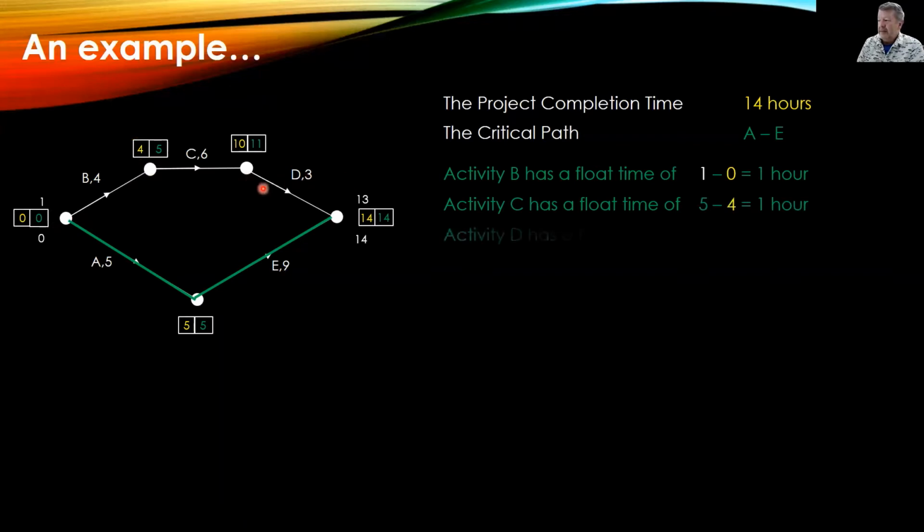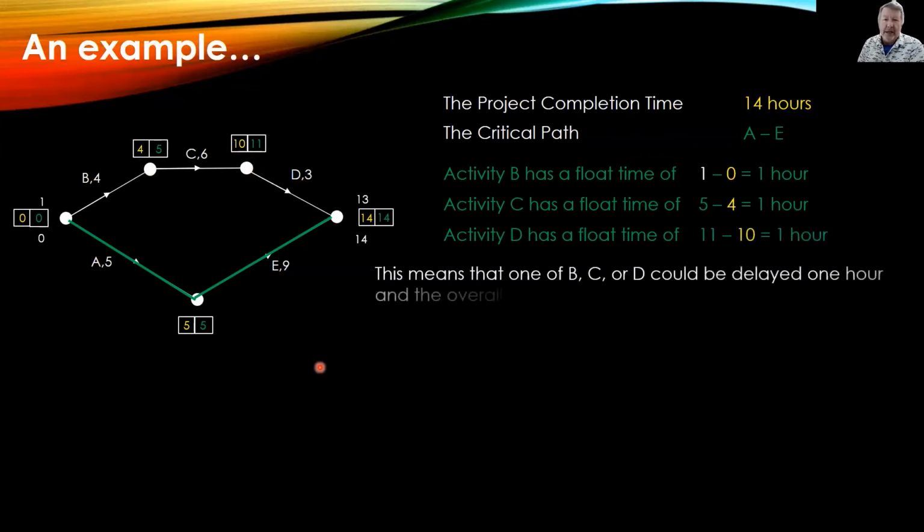Activity D. Again, where it starts. 11 take away 10, again, is going to be 1. All right. What that means is that overall, not all of them, but one of either B or C or D can be delayed by 1 hour. So that 1 hour is its float time.